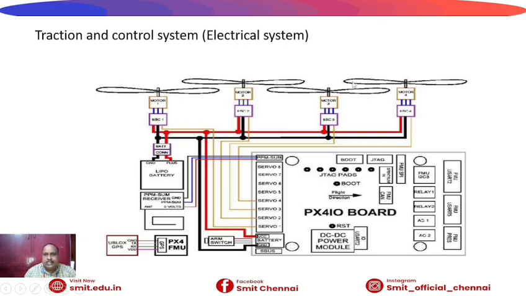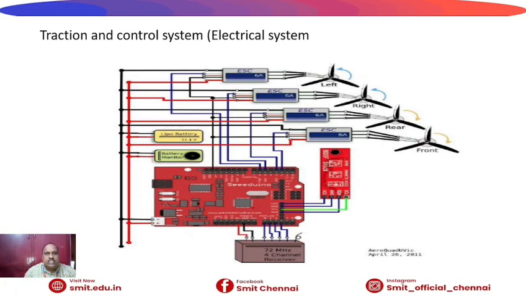It can run, so that we can easily fabricate the drone. This is the traction and control system design. You can see here left, right, rear, and front through the electronic speed controller. We have designed it like that internally for flying purposes.